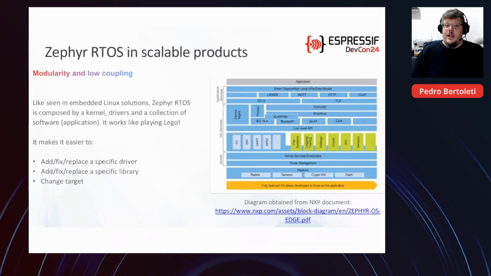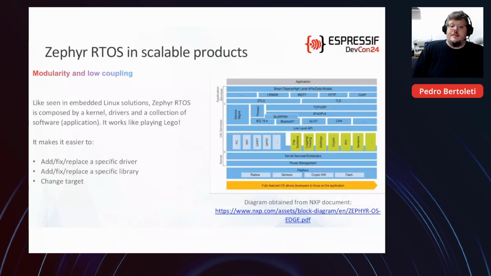It works like playing Lego. I mean, everything can be abstracted like a layer or a block, and you put everything together as your solution requires. So using the RTOS and putting some subsystems, some blocks together is like playing Lego.